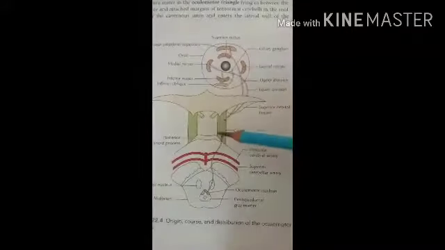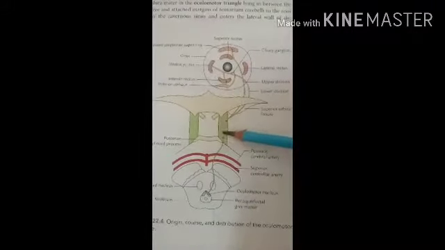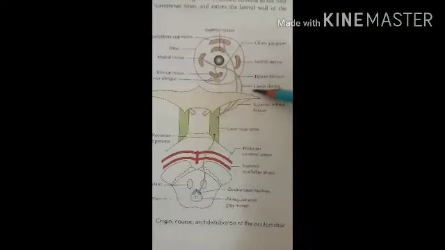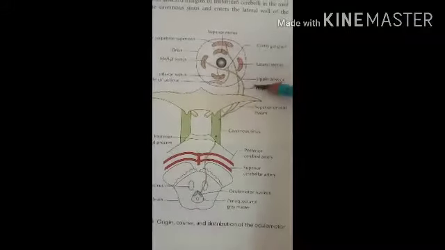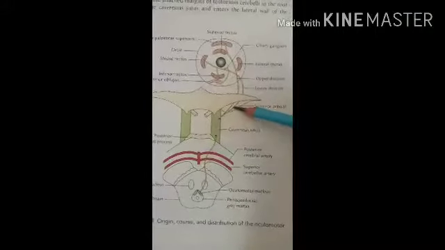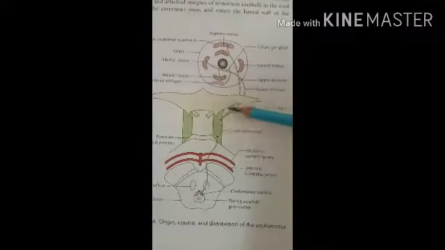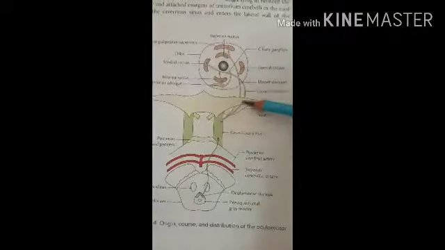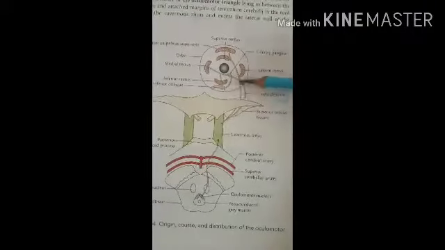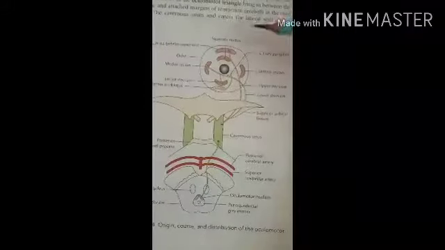In the cavernous sinus, it again goes laterally and is divided into 2 divisions, the lower division and the upper division. Both divisions enter the superior orbital fissure, and from there supply the extraocular muscles of the eyeball.